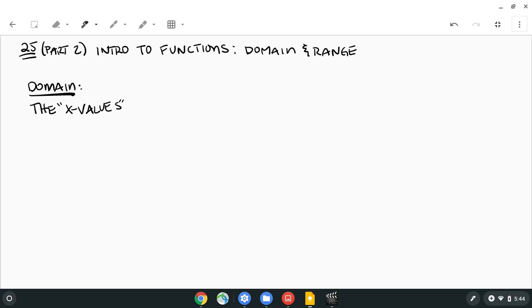So really the input values. Okay, so maybe your function is not a function of x, but maybe it's a function of, I don't know, a different letter. But let's just say x values that produce real number outputs as opposed to imaginary ones.